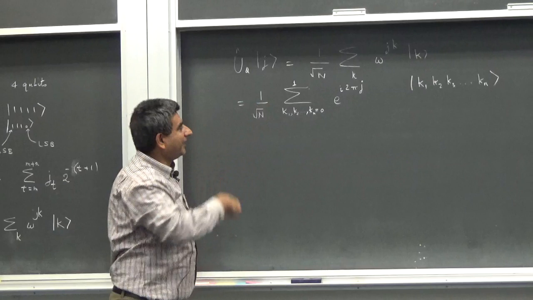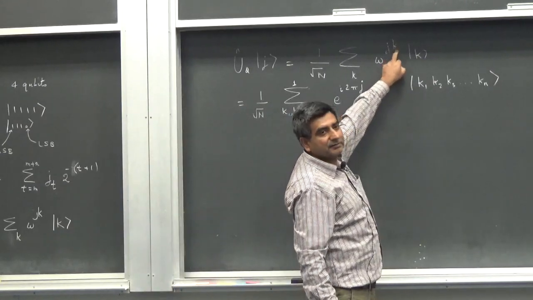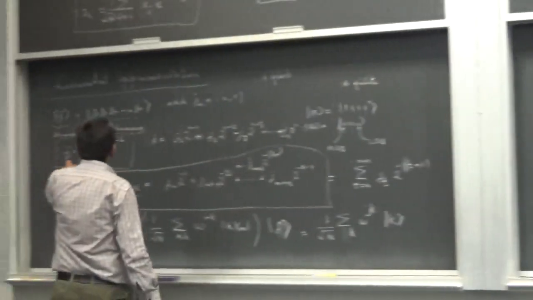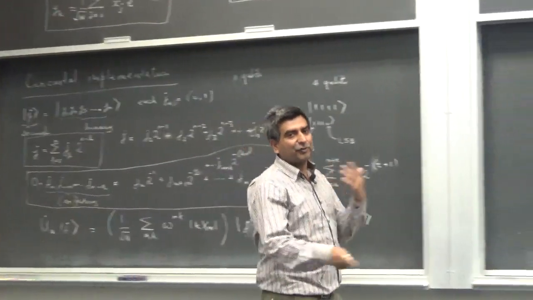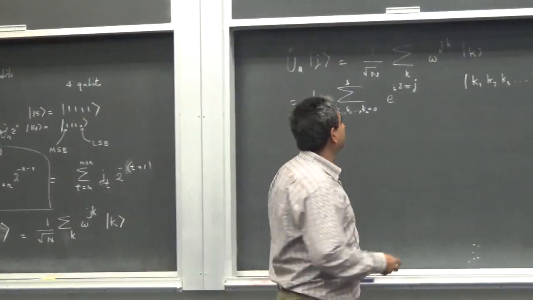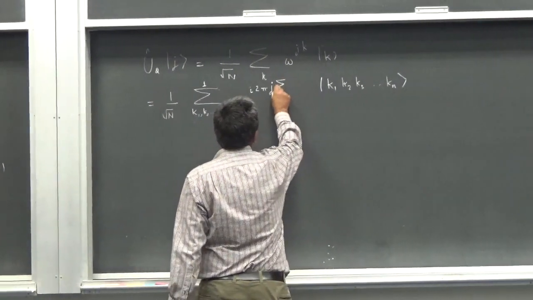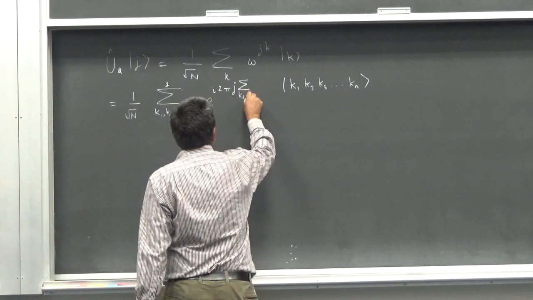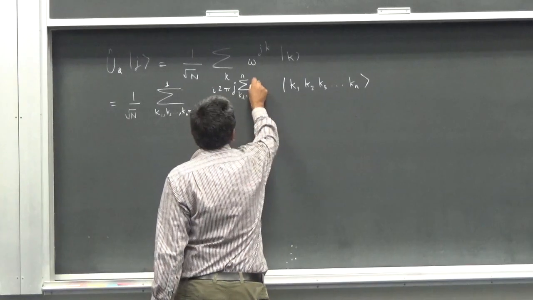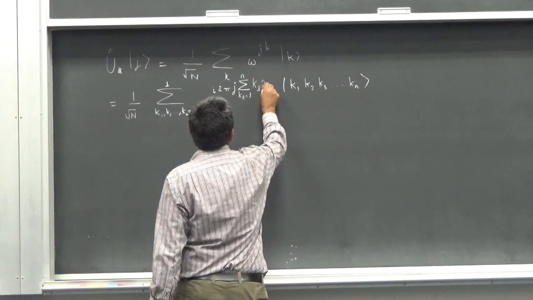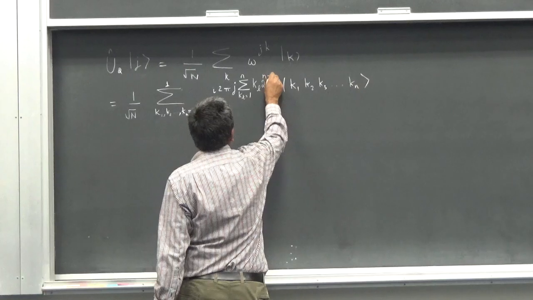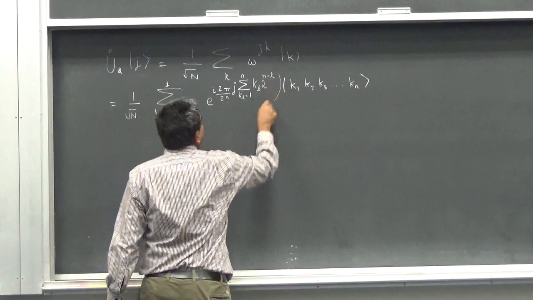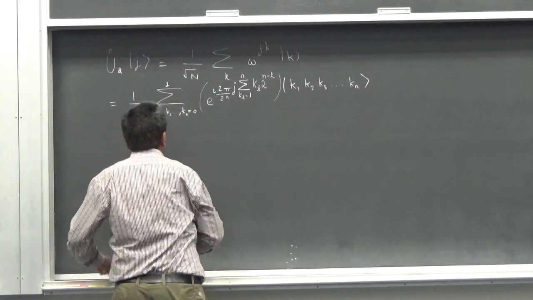Now this k can also be expanded, just as we've expanded this j. Let's call this variable l, k_l goes from 1 to n, k_l 2 raised to the power n minus l, and of course there is a 2 raised to the power n as well here, capital N. This might look a bit cluttered.